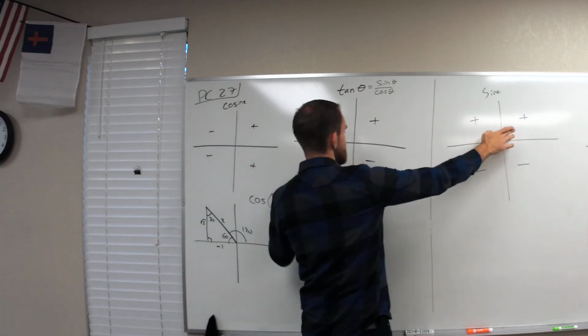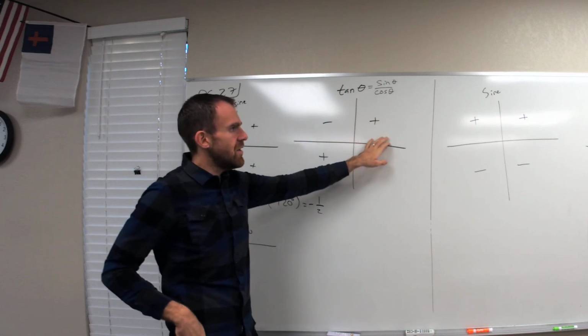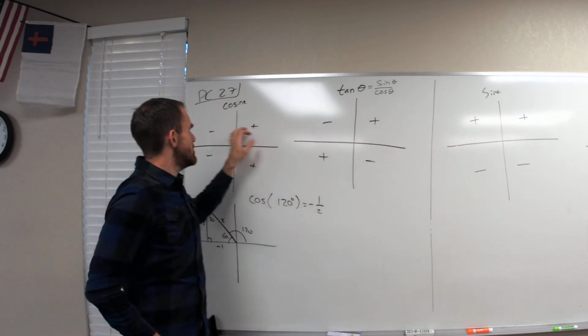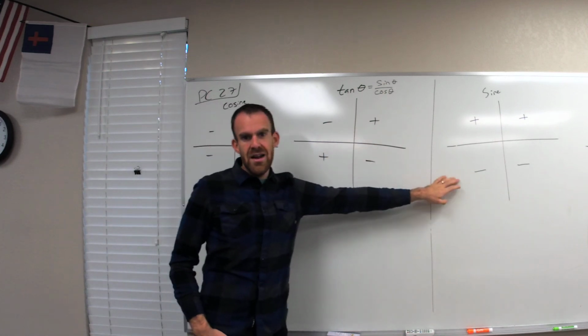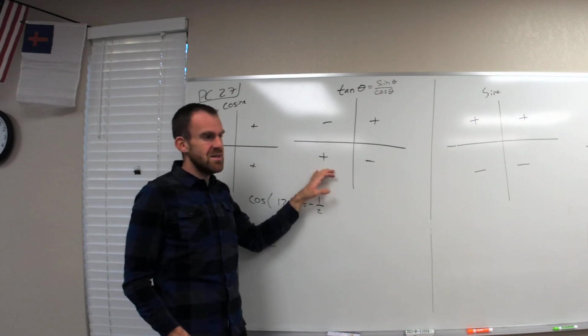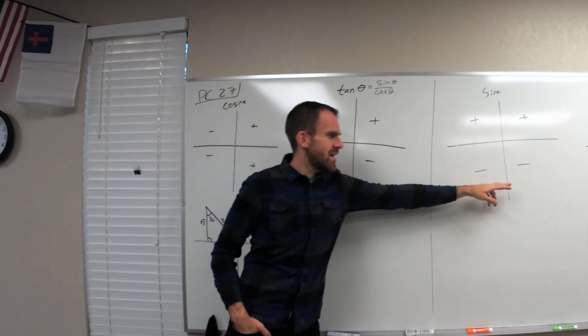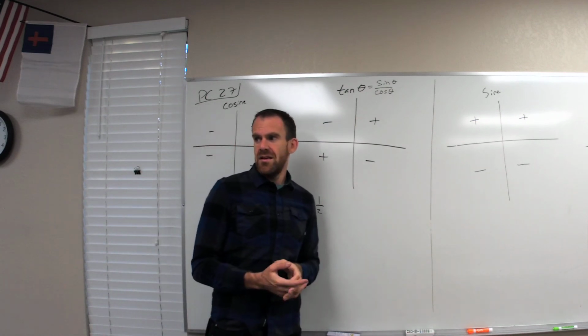If sine is positive and cosine is positive in the first quadrant, then tangent will be positive. If sine is positive and cosine is negative, positive divided by a negative is a negative. Sine is negative, cosine is negative, negative divided by a negative is positive. And then sine is negative, cosine is positive, negative divided by a positive is negative.